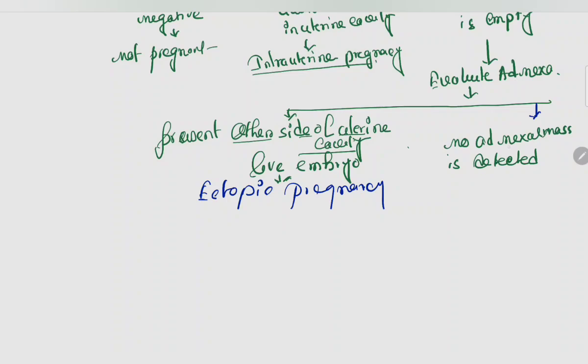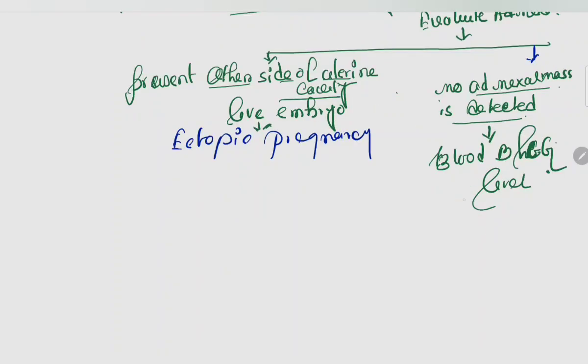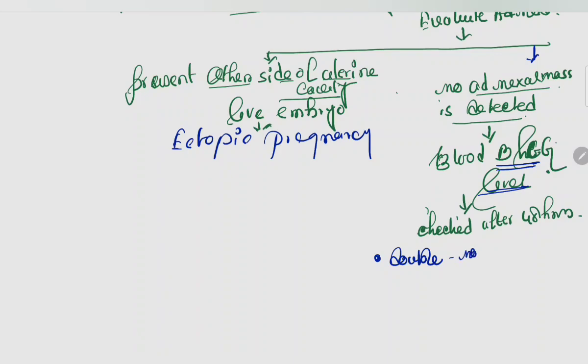But if the adnexal mass is not detected by transvaginal ultrasonography, check the blood beta HCG level, and this blood beta HCG level is also checked after 48 hours. If the beta HCG level increases double in 48 or 72 hours, it indicates normal pregnancy.